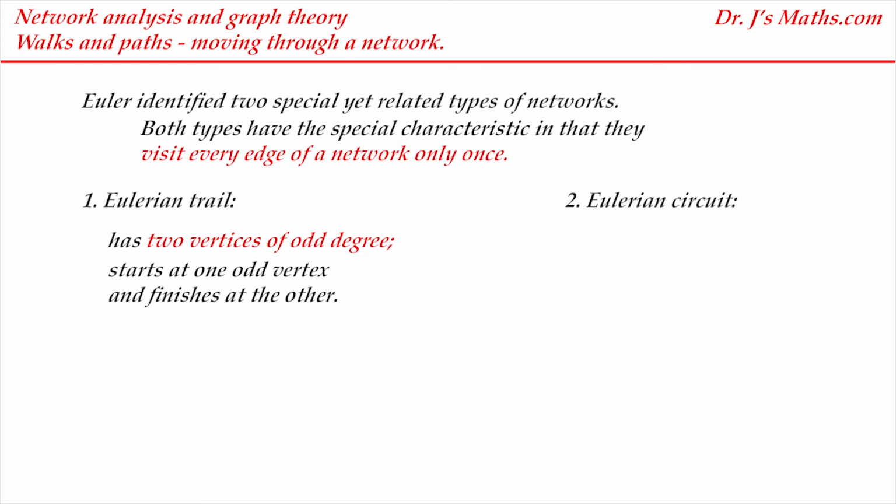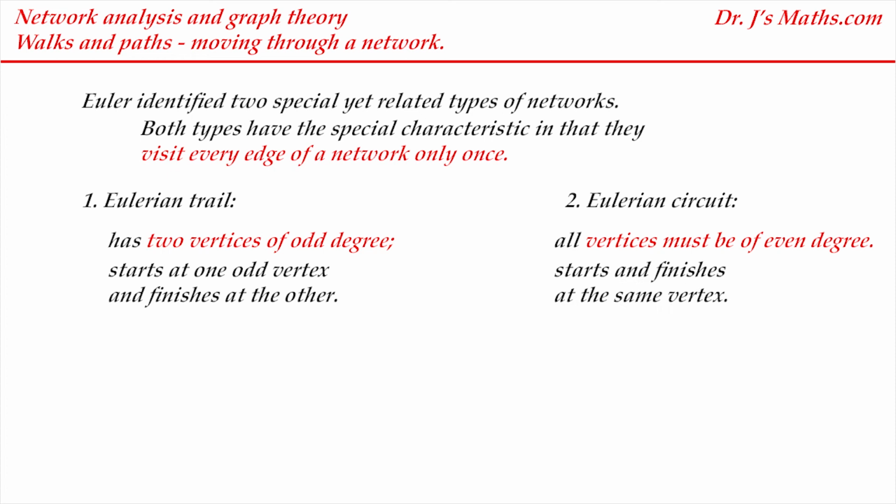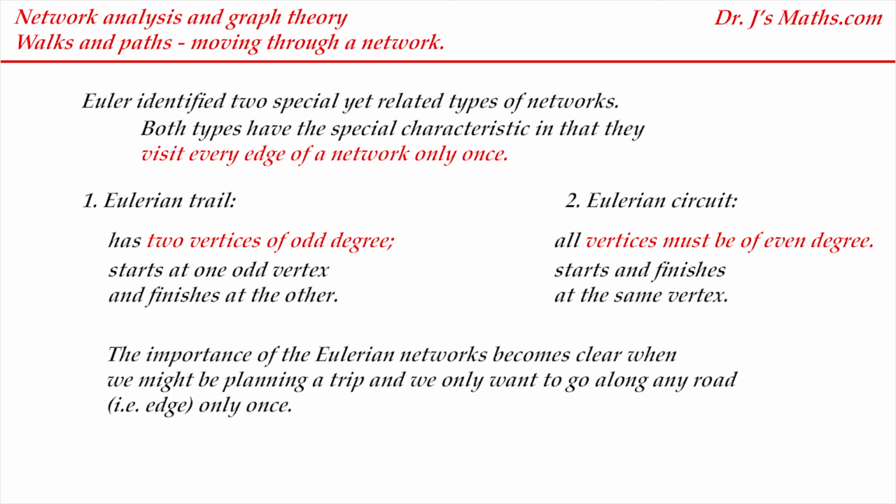The Eulerian circuit has all vertices of even degree, and it starts and finishes at the same vertex. The importance of the Eulerian networks becomes clear when we might be planning a trip, for example, or we want to do some letterbox deliveries, and we only want to go along any road, or that is any edge, only once.